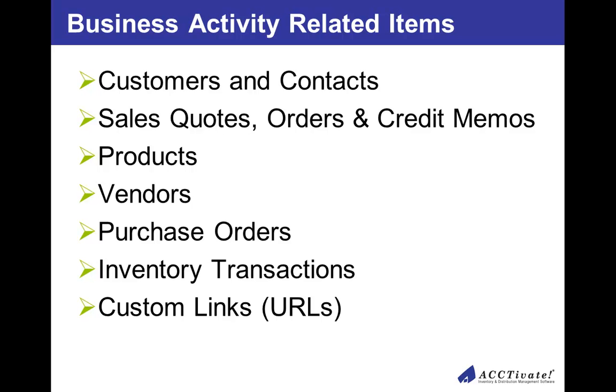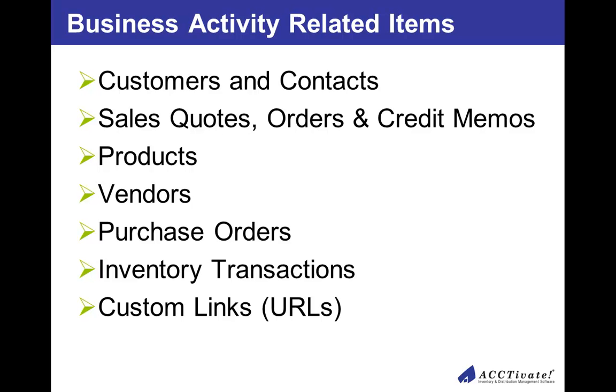And lastly, and I will try to save time for this toward the end, we'll show you how to set up a custom link, a URL that links to a website or a web service or web app. Again, staying on my example of tracking an issue with a UPS shipment, you may want to capture the tracking number in the business activity.